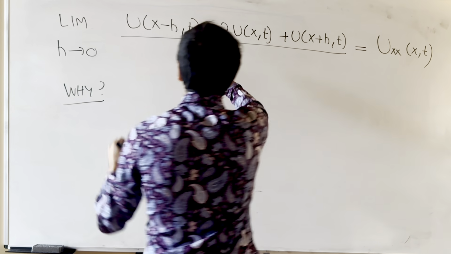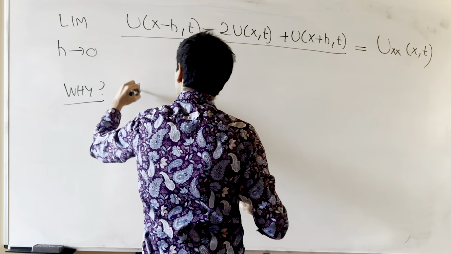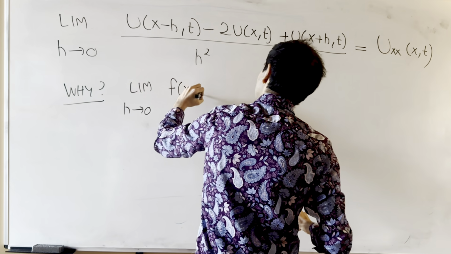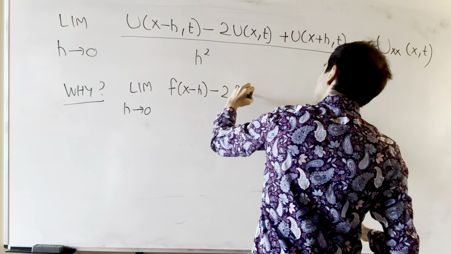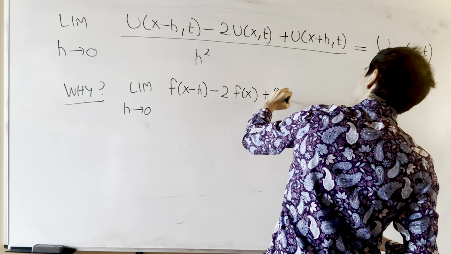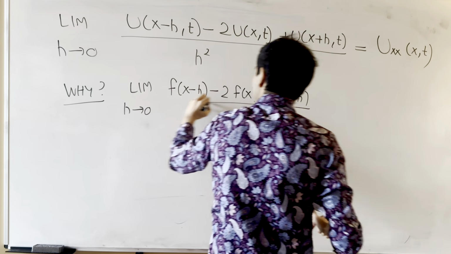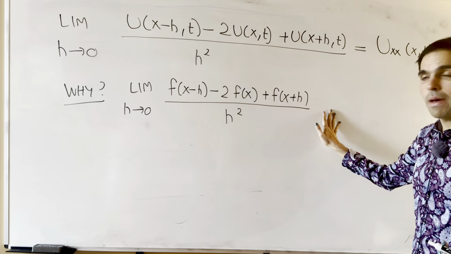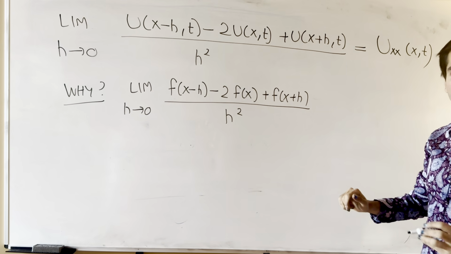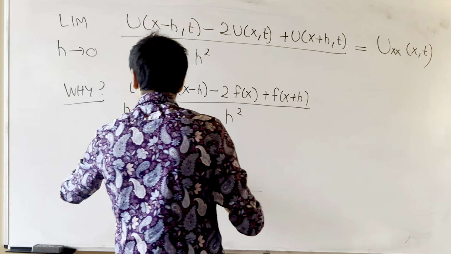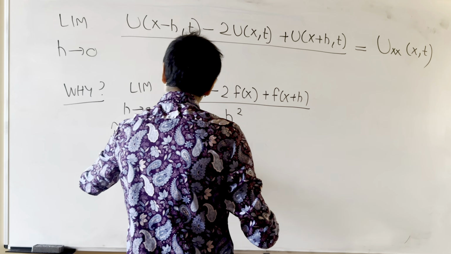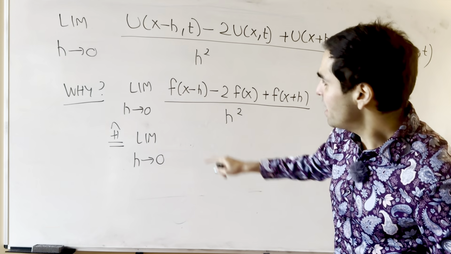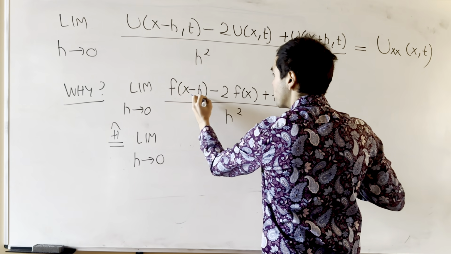Well, if you ignore the time t, and you take the limit as h goes to 0 of f of x minus h minus 2f of x plus f of x plus h over h squared, then either you can Taylor expand, or if you find that easier, you can apply L'Hopital's rule. So you differentiate this with respect to h.